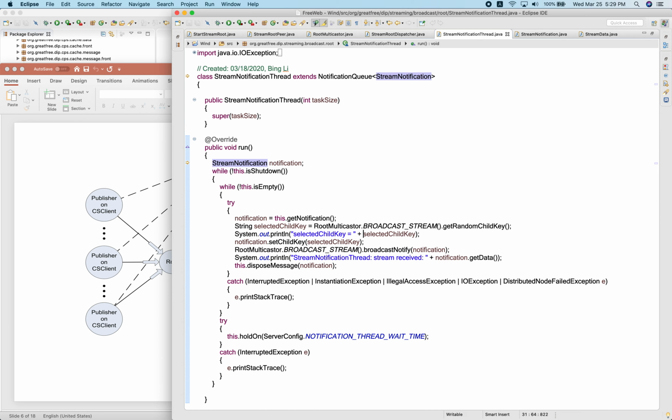Okay, that's why we need to do that. In the previous classes, we do not need to do that because it just performs broadcasting. This is stream, so we need to make some changes here.